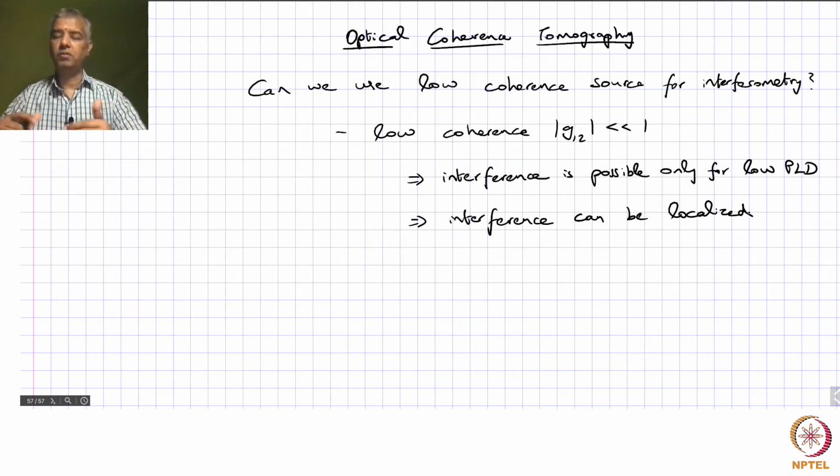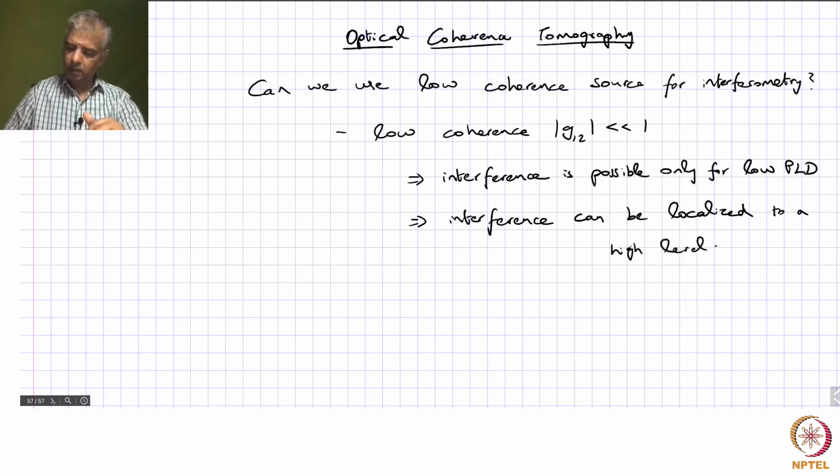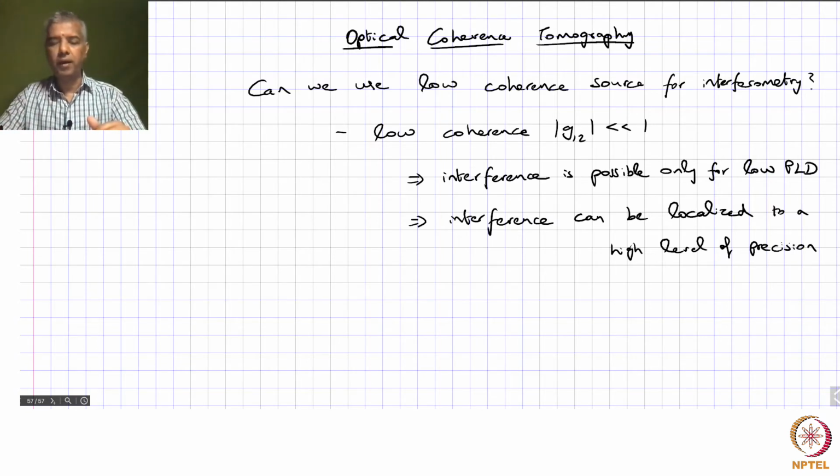That's where the interference fringes are produced. So you are essentially examining only that region if you are picking up the fringes. So you can also say that interference can be localized to a high level of precision. That is a fairly useful thing to do if you could localize.